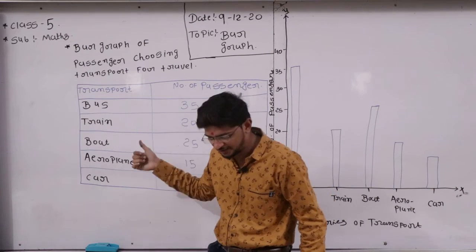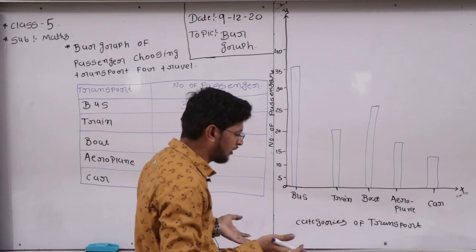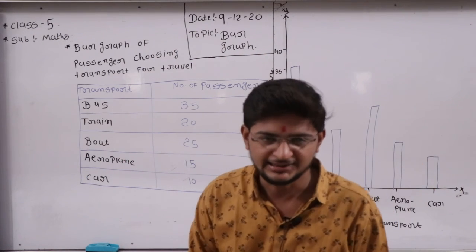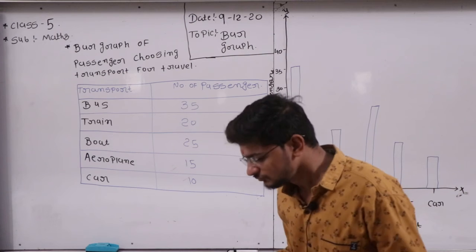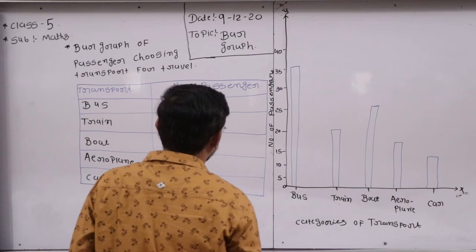So our answer is 20 passengers choose a train to travel from one place to another place, right? So here you can see we drew a bar graph of passengers choosing a transport for traveling, right? So this is the one bar graph for you.